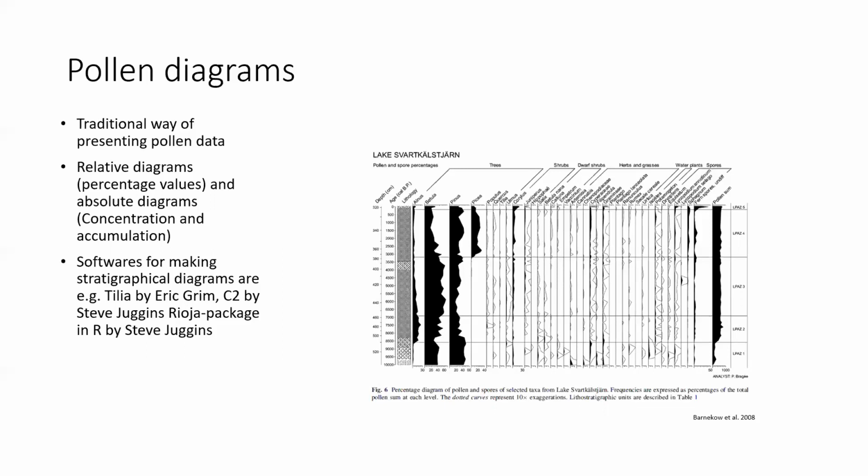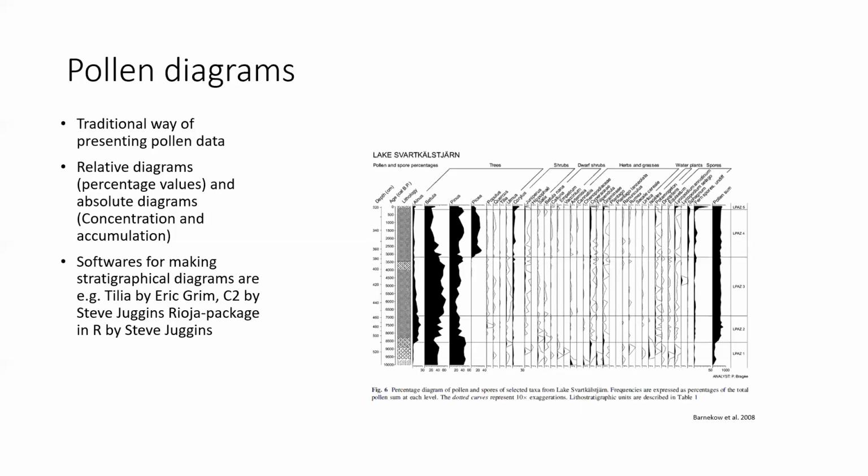So these kinds of stratigraphical diagrams are the traditional way of presenting pollen data, and both relative and absolute data can be presented in similar diagrams. And there are different software packages making these kinds of stratigraphical diagrams. There's Tilia software by Eric Grimm, the C2 program by Steve Juggins, and now more and more everything is starting to be in R software.